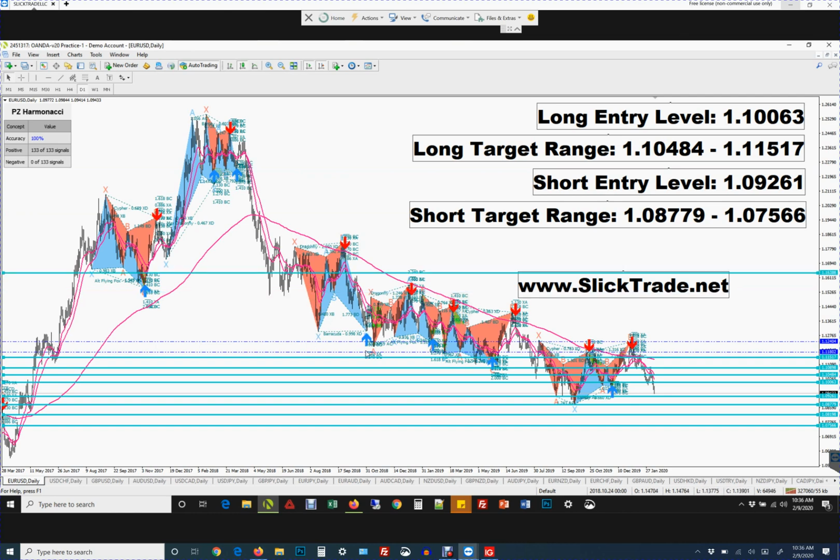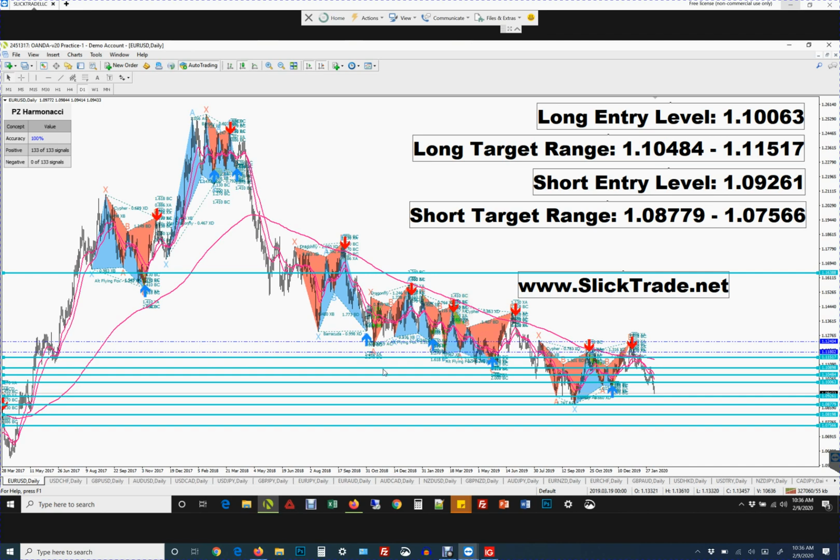Okay, so if you've been following the euro dollar trades that we've been posting, then you've been able to gain a very decent number of pips, both from long and short entries. I've been trying to show you where if a break occurs, that's where we enter a long or short.